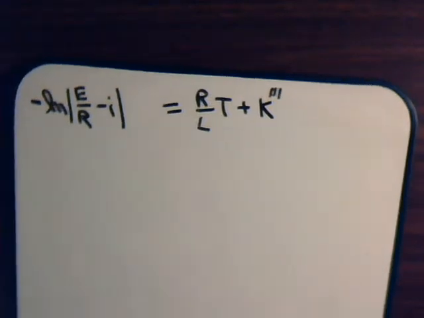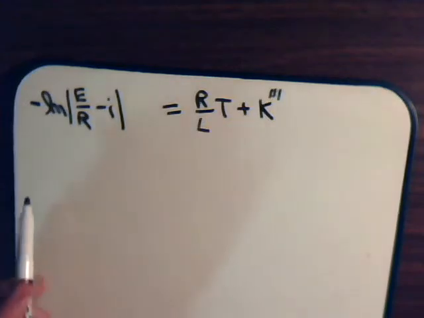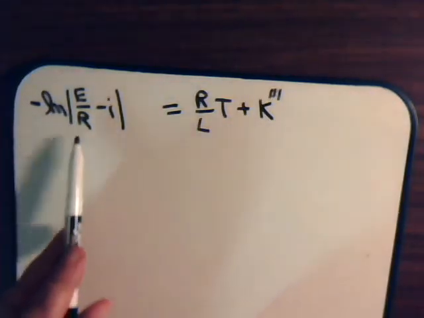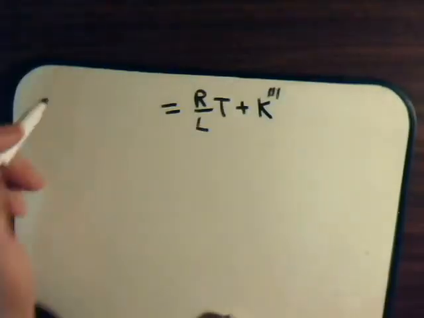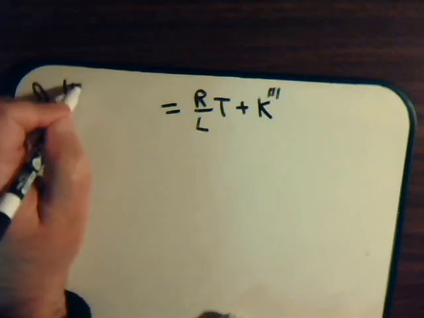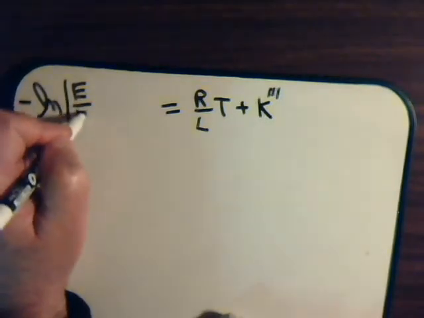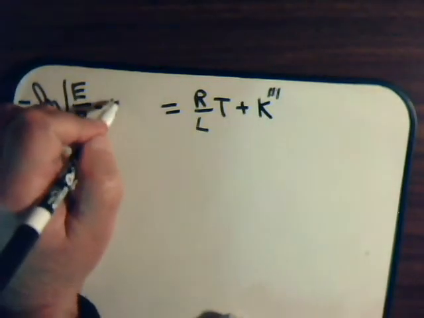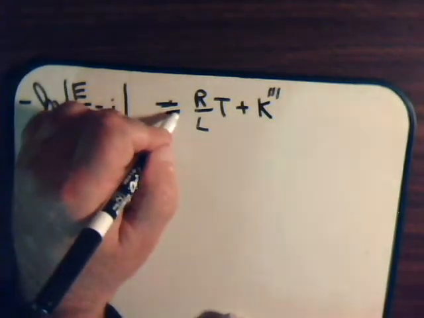Okay, now look what we have. I'm going to write a little bit bigger. This is the natural log of E over R minus I, minus the natural log of E over R minus I zero, equals this.